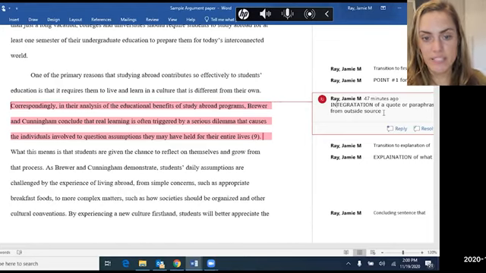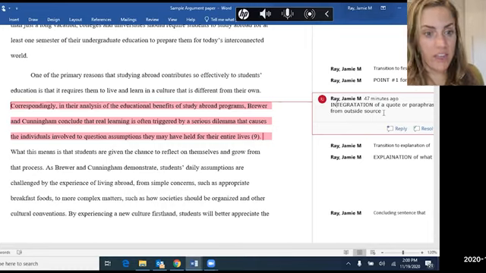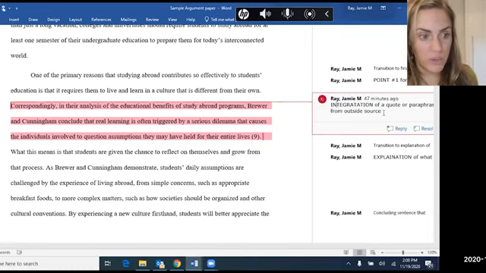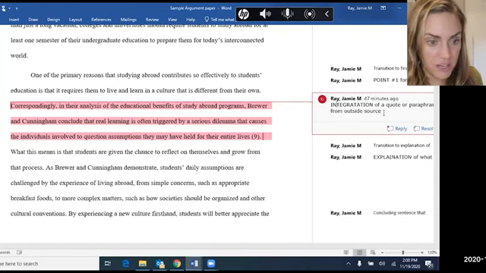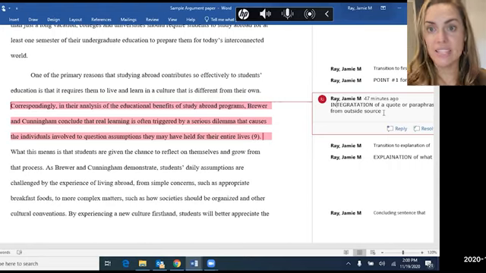This is a paraphrase, okay? So what this writer did was she integrated this paraphrase into her paper by introducing the author, who wrote this and where it was written, in an analysis of the educational benefits of study abroad programs. And then it paraphrased what that analysis said.